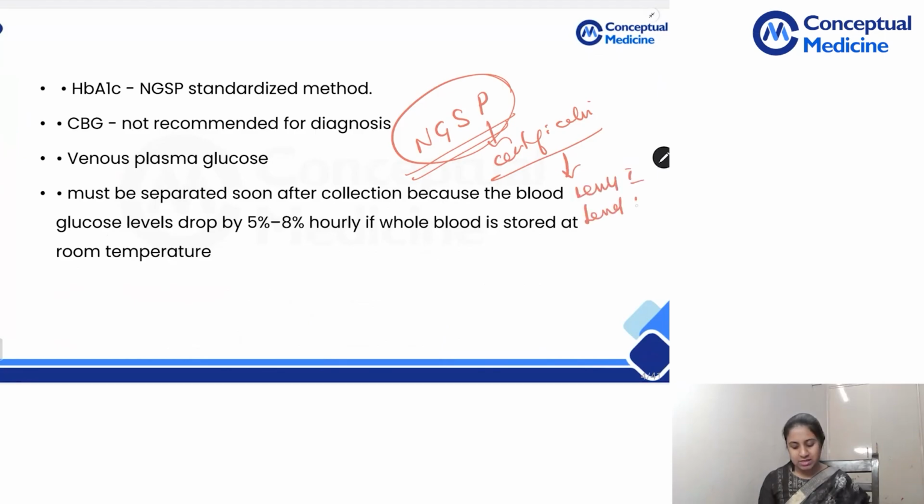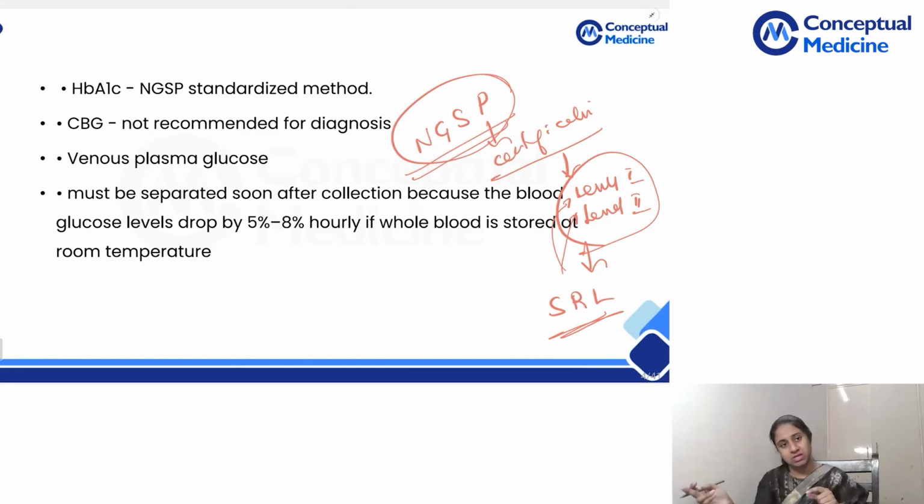Any lab which has tie-ups with the secondary reference laboratory has to get these certifications periodically, on a quarterly basis. They have to check their HbA1c and send the same blood sample for HbA1c to that secondary reference laboratory. If these two match, with a good percentage of matching, only then will they be awarded this certification. Only then can the HbA1c be more reliable.